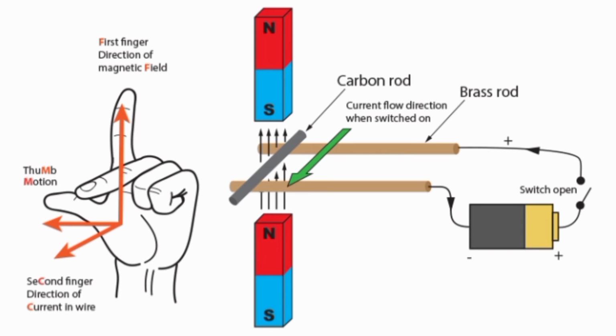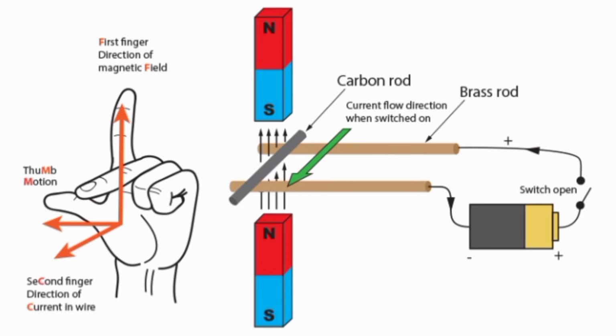If you reverse the direction of the magnetic field by turning the magnets upside down and also reverse the direction of the current in the rod, then using Fleming's left hand rule, your first finger should be placed in line with the direction of the magnetic field, north to south, but in the opposite direction to before.